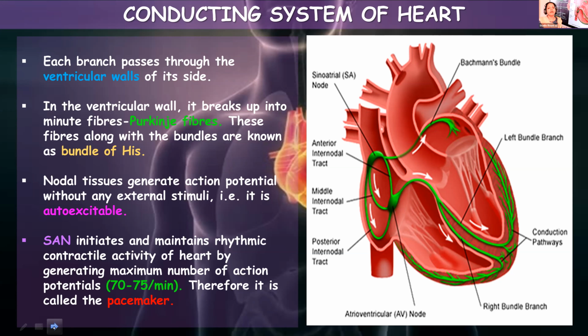SAN is a natural pacemaker, but people who have a slow heartbeat or fluctuations due to reasons like surgery, heart failure, or over medication can have a pacemaker inserted, temporarily or permanently, depending upon the requirement, which will help in generating these action potentials.